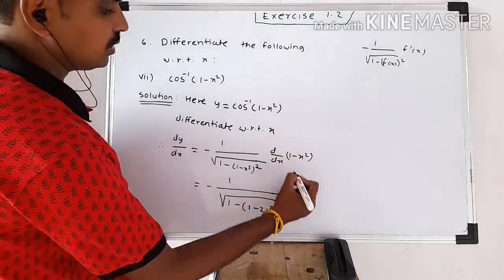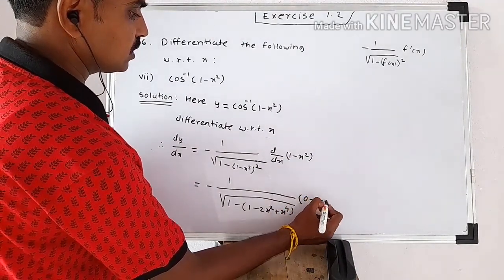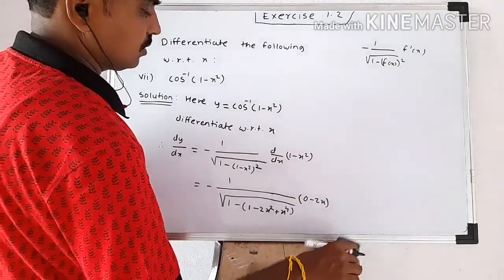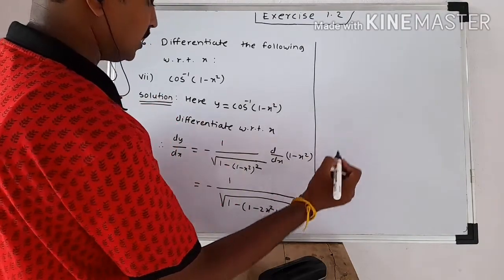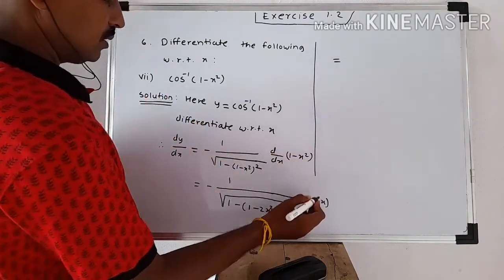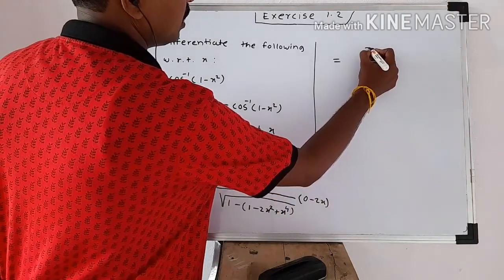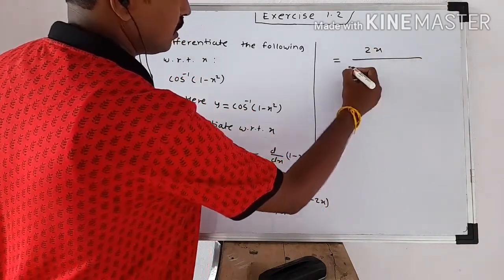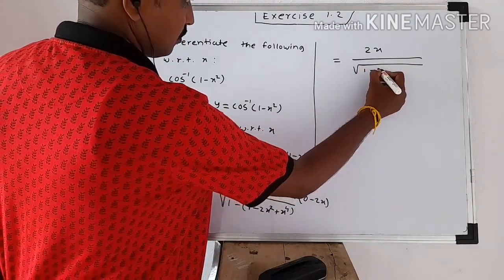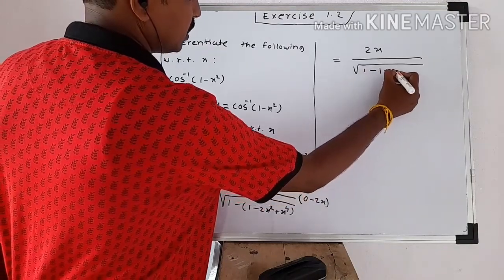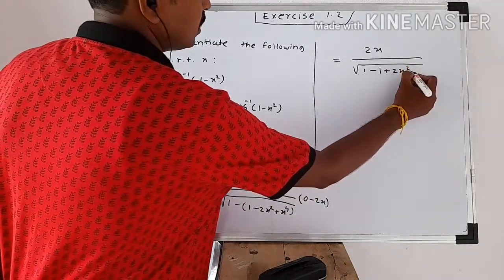What is the derivative of 1? The derivative of 1 is 0. The derivative of x square is 2x. This will be the differentiation. Now we will simplify this expression. Minus 2x is the numerator, minus minus is plus, therefore the numerator will be 2x divided by the expression in root sign, 1 minus 1 minus minus plus 2x square minus x raised to 4.